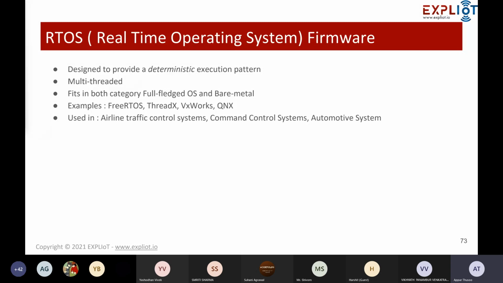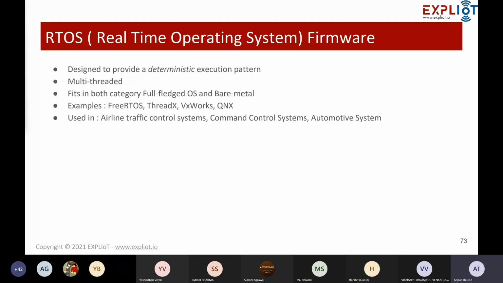It basically runs on the agenda of multi-threading. So with multi-threading, you have your processors, you have your processes, and different threads are being executed at the same time for that process in order to keep the real-time element of the firmware.